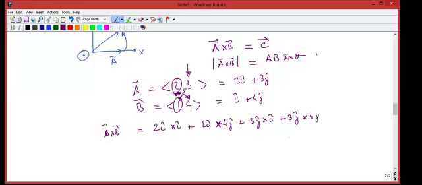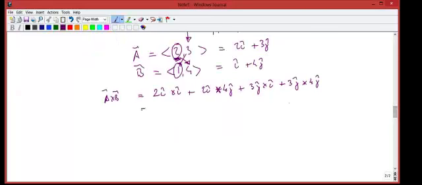So far, so good. We can take all the scalars out and only look at the cross product of those vectors. 2, i cross i, plus 8, i cross j, plus 3, j cross i, plus 12, j cross J.